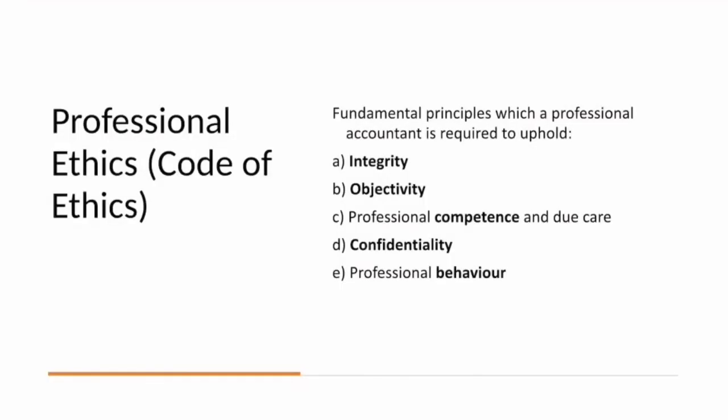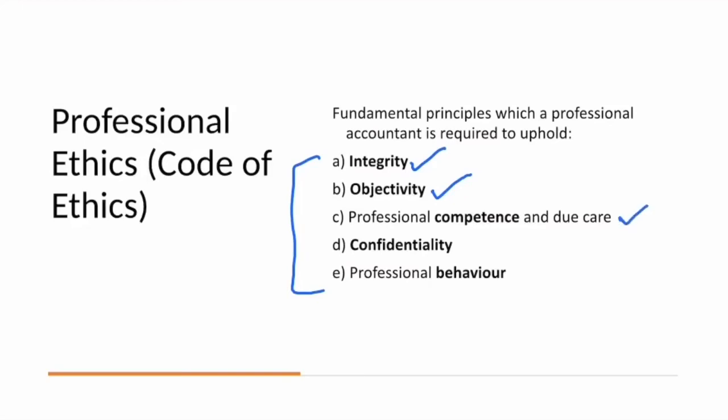Professional ethics can be divided into five areas, and these are the fundamental principles provided by professional bodies. Integrity means to be consistent and to follow one's own moral values. Objectivity means to be straightforward and honest in dealing.